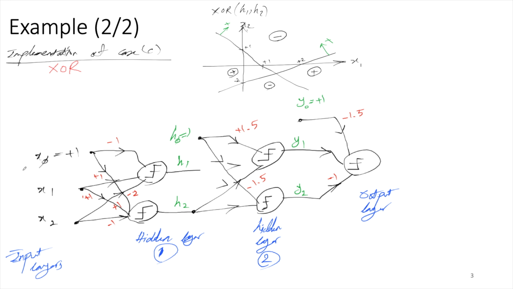The input comes from x0 equal to 1, x1 and x2, and these pass their weights, which are +1, and because of this line it was -2 and +2, towards the next layer.